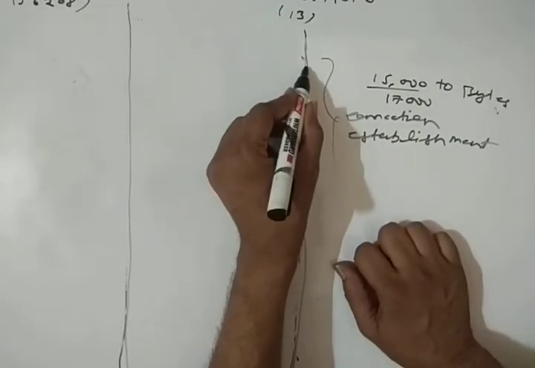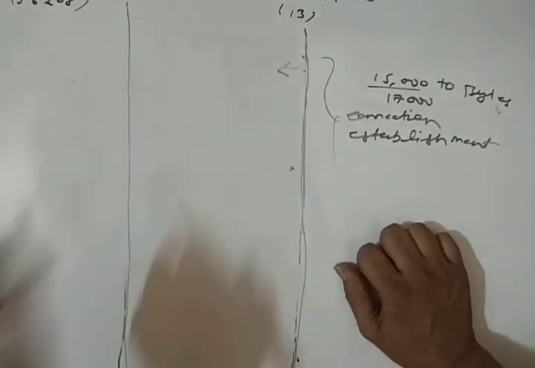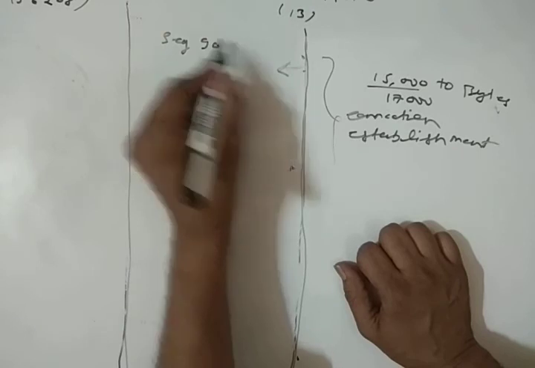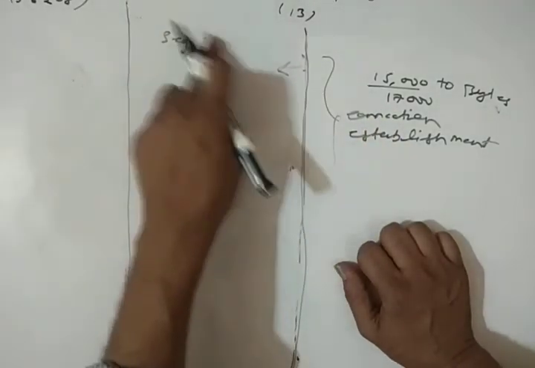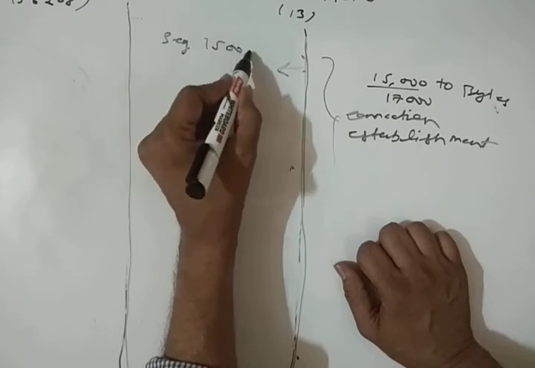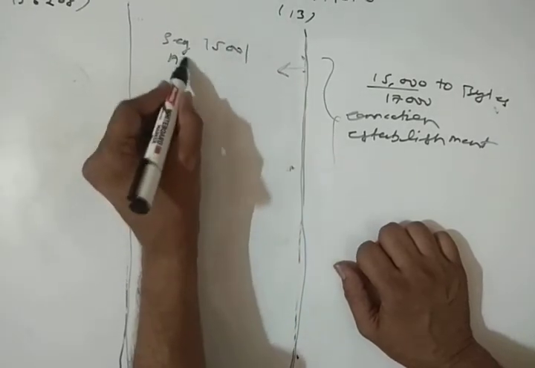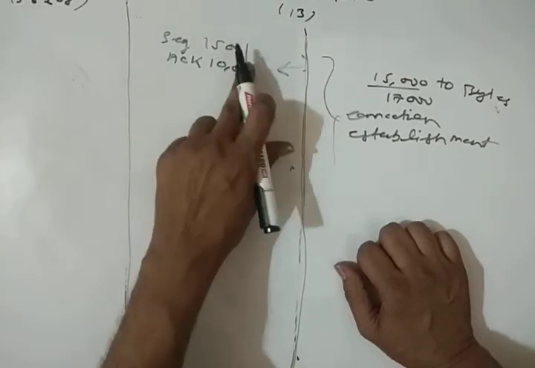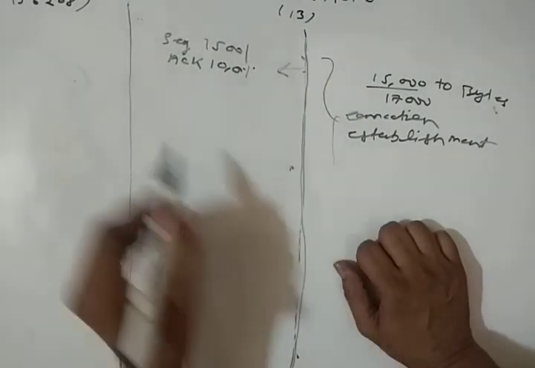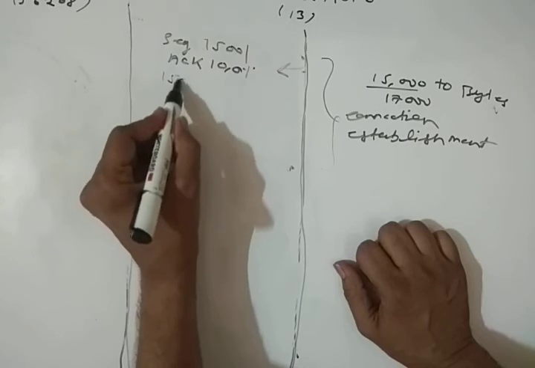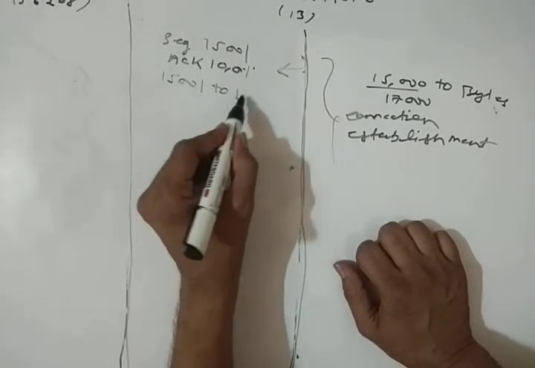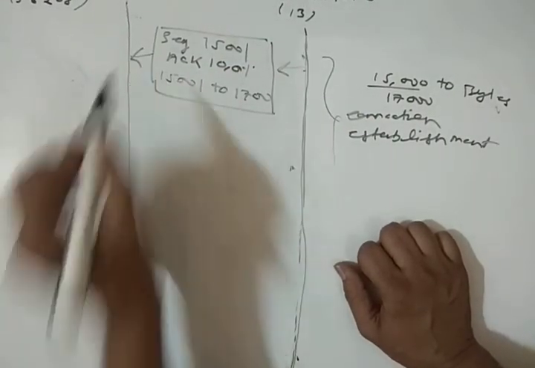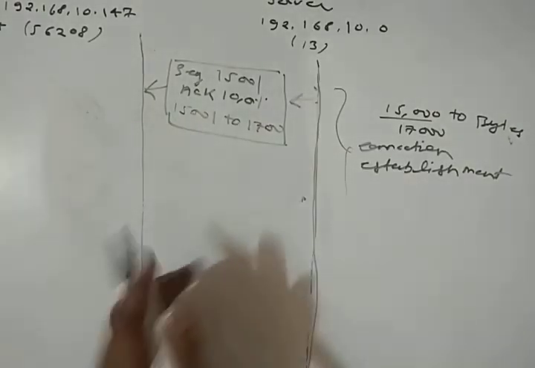It sends data bytes with sequence number 15,001, ACK of 10,001, and data 15,001 up to 17,000, sent to the client. Here you can see it.